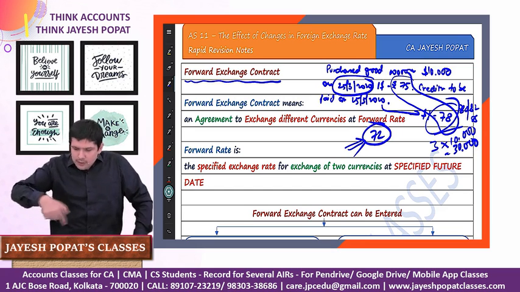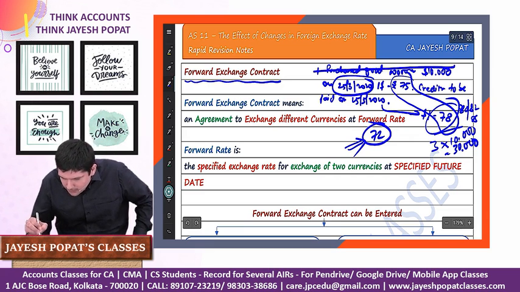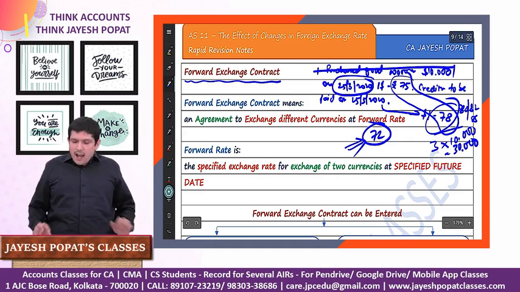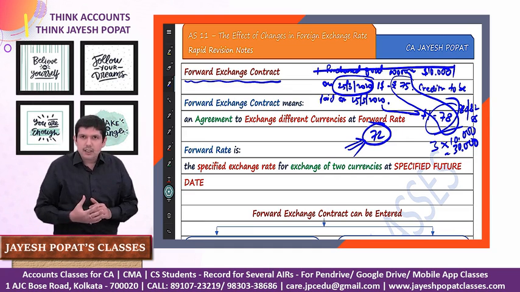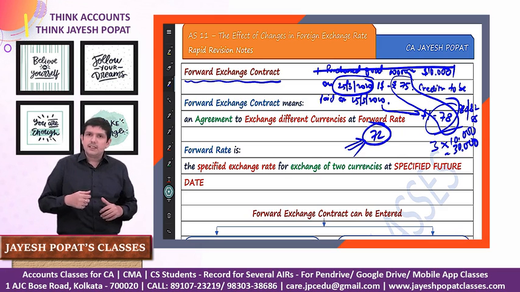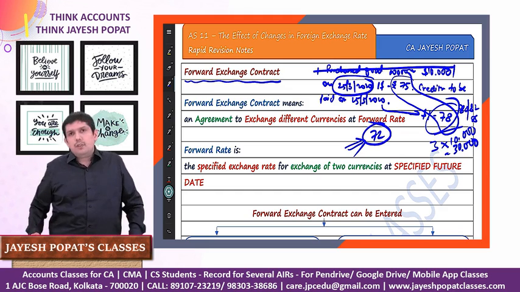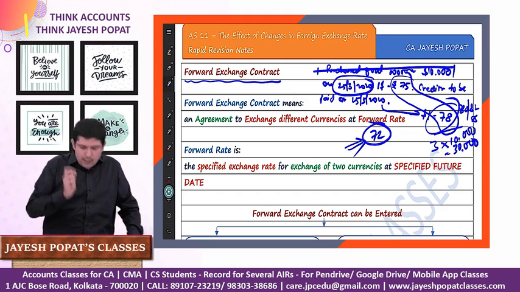Another purpose for which this same deal could be done is for speculation. For example, there is no purchase. I know that the USD rate might move adversely, and to profit from the difference in the rate, I may enter into a forward exchange contract. This will be known as being for the purpose of speculation, right?